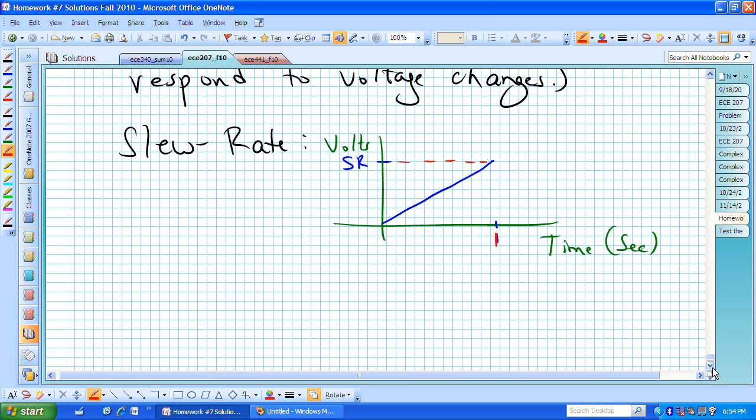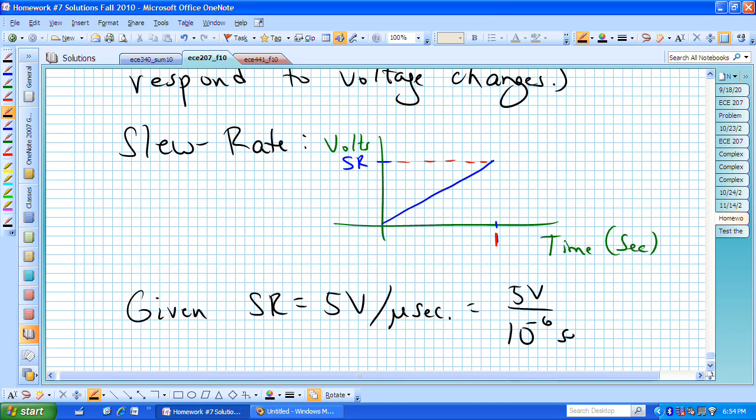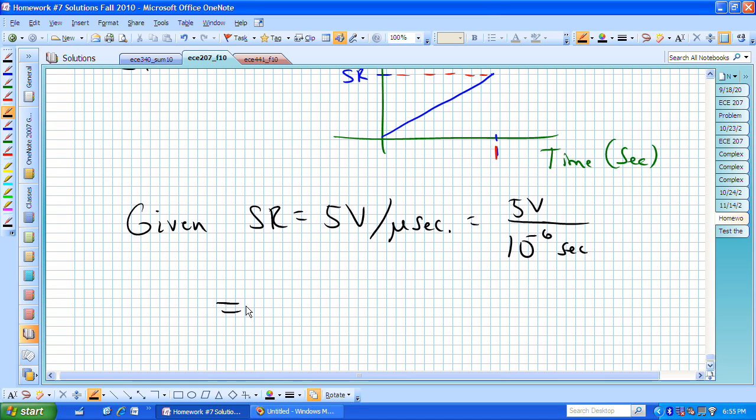In our particular example, we're given that the slew rate is 5 volts per microsecond, or that's 5 volts over 10 to the minus 6 seconds, or SR is now 5 times 10 to the 6 volts per second.